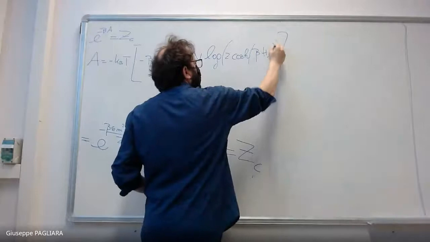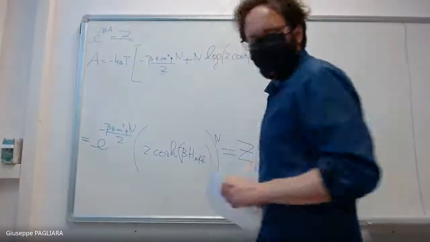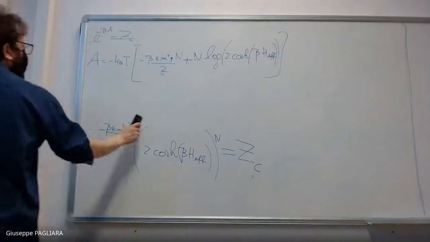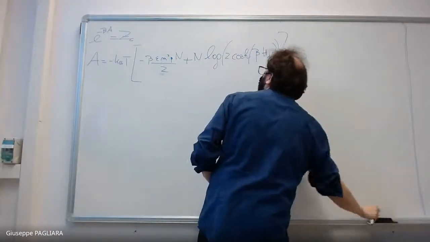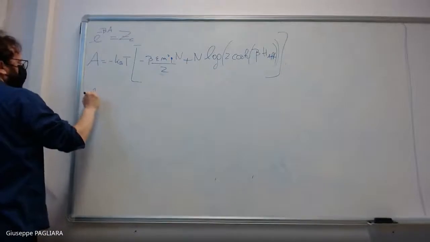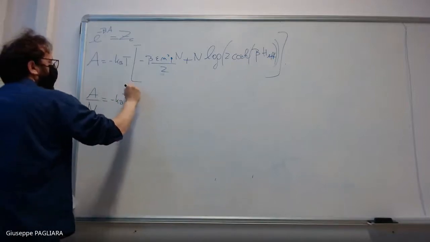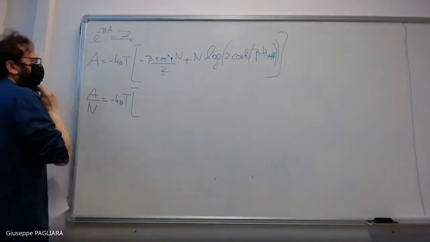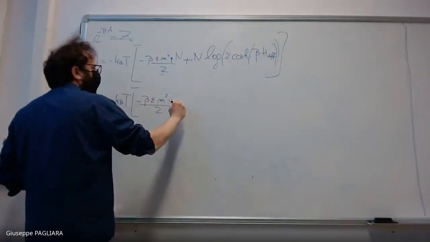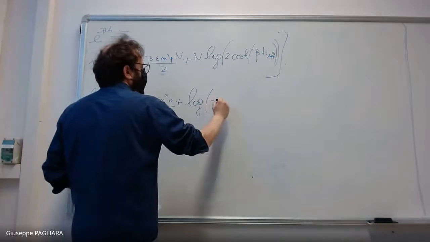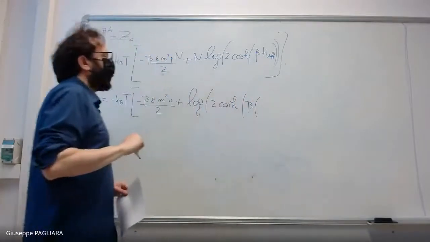Let me collect a factor of n, and I get A divided by n equal to minus kBT times, well, this function, m squared q, plus the log of 2 cosh of beta times H effective.